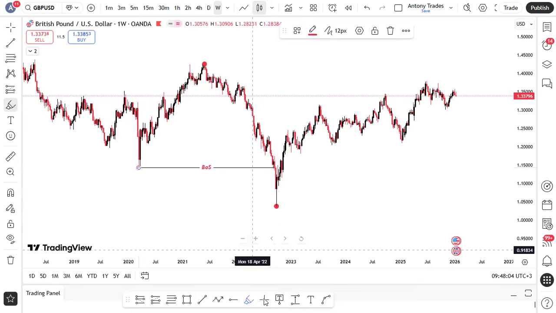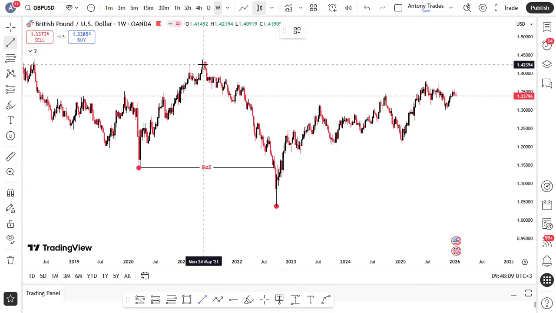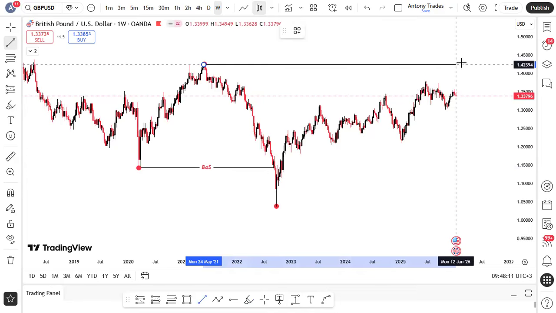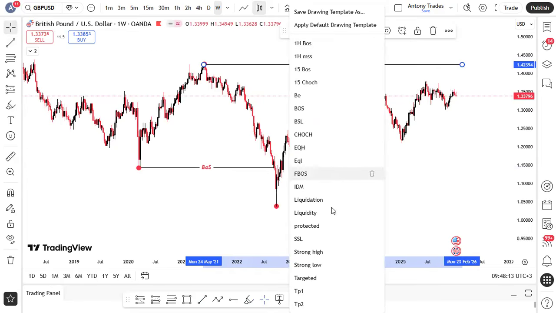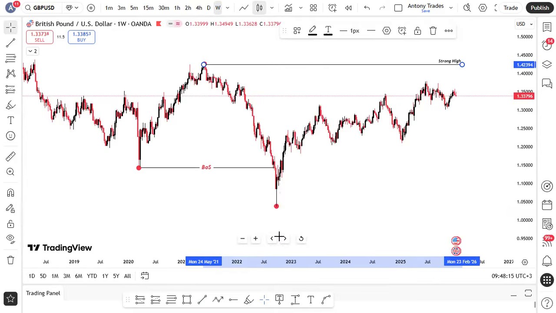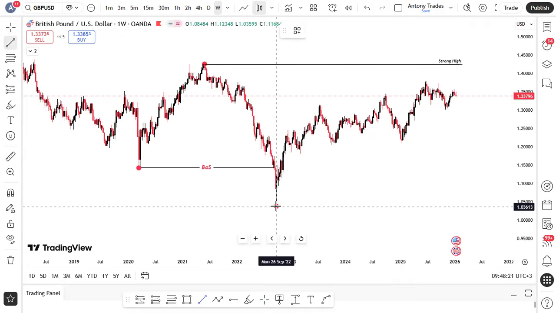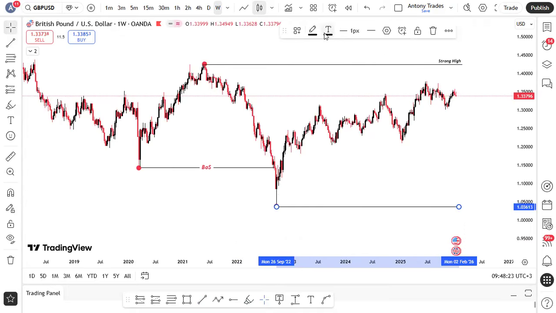This one means that this is our strong high, and this is our weak low, or this one should be our target. That is the swing points. You have a swing high and you have a swing low. So this is our dealing range.